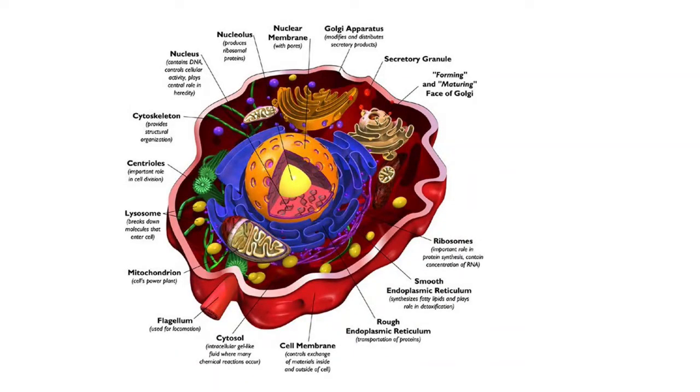If you look at the basis of heredity, we have chromosomes. We have 46 chromosomes, or 23 pairs of chromosomes.